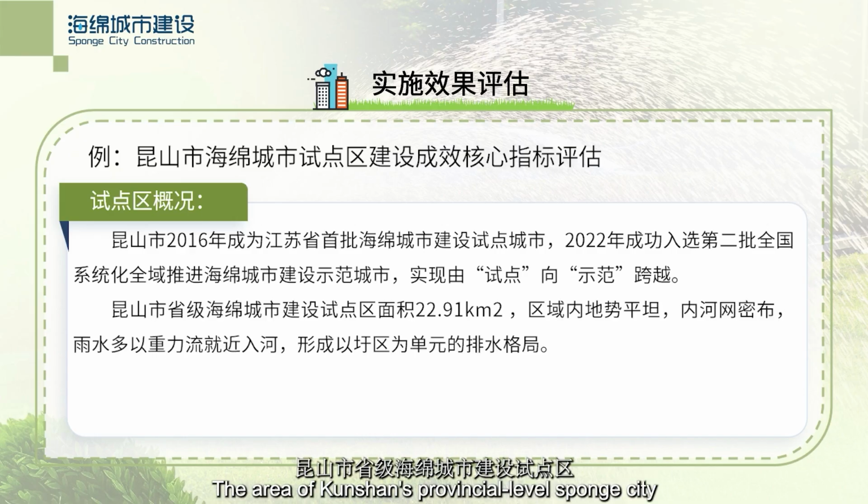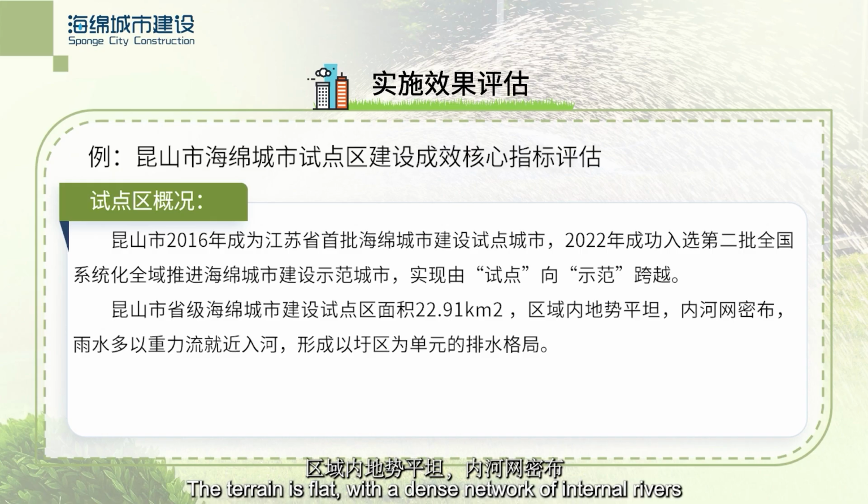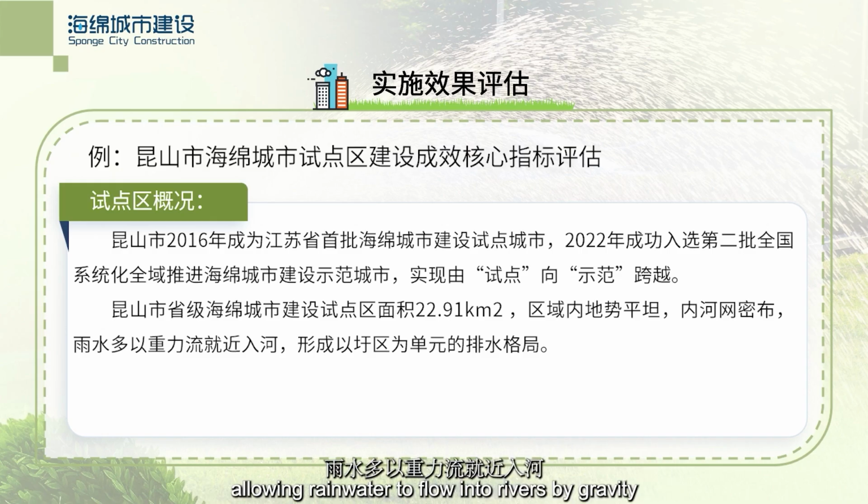The area of Kangshan's provincial-level Sponge City construction pilot zone is 22.91 square kilometers. The terrain is flat with a dense network of internal rivers, allowing rainwater to flow into rivers by gravity, forming a drainage pattern based on the levee area.